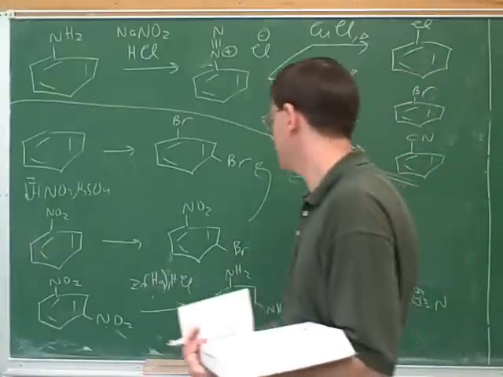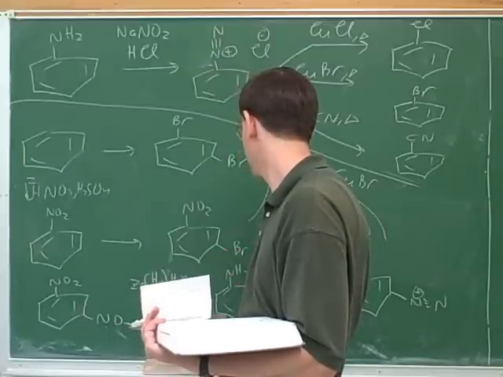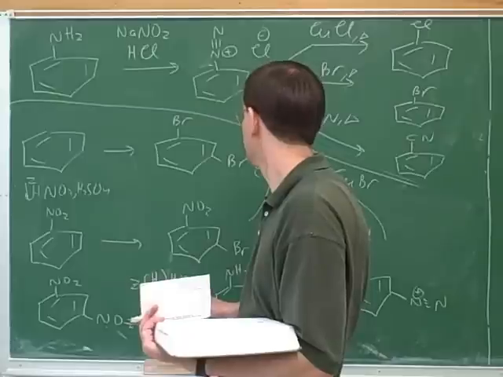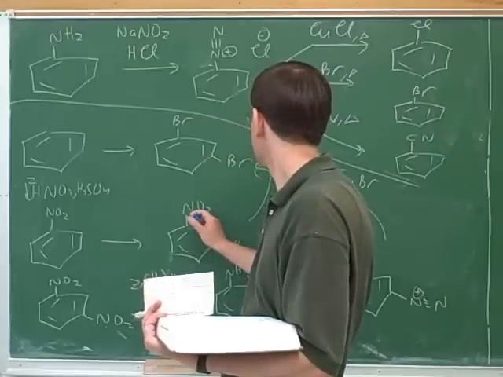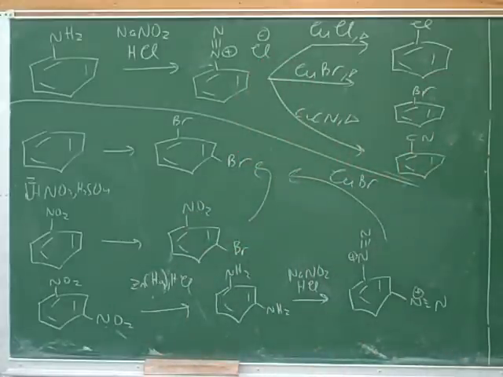Okay, now I think the approach that you were suggesting seems like it would work fine too. We could add a bromine here, and then you were suggesting that we should turn this into the diazonium. I don't see any reason why that wouldn't work. Could you do it a different, much longer way? Probably.